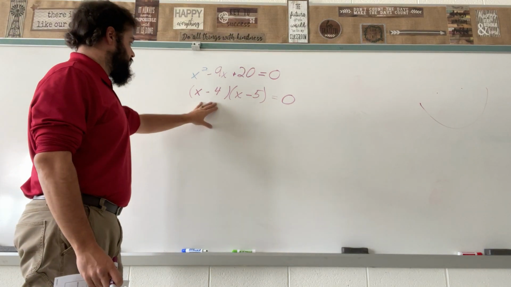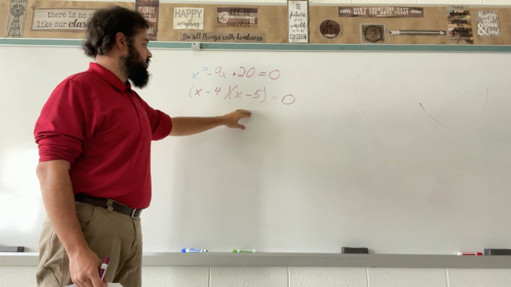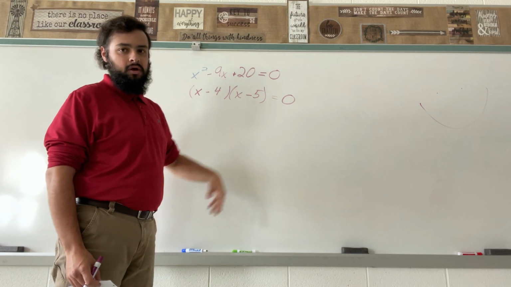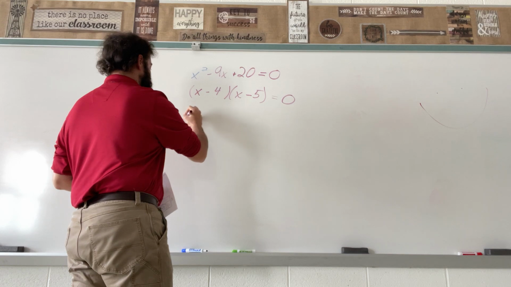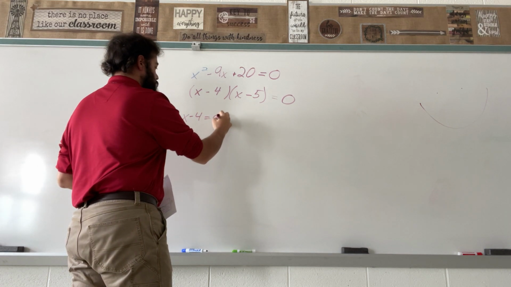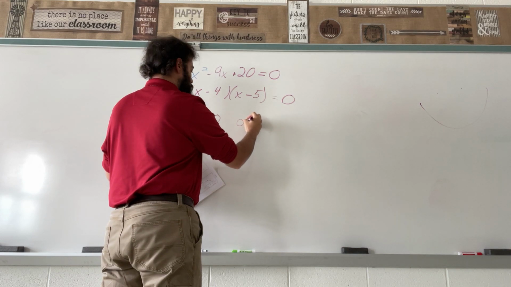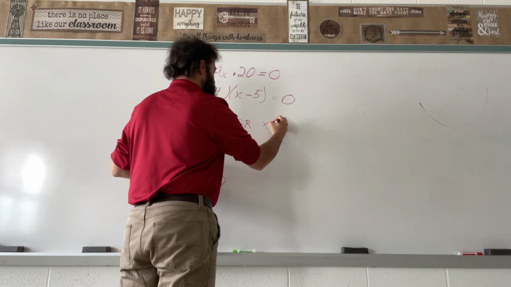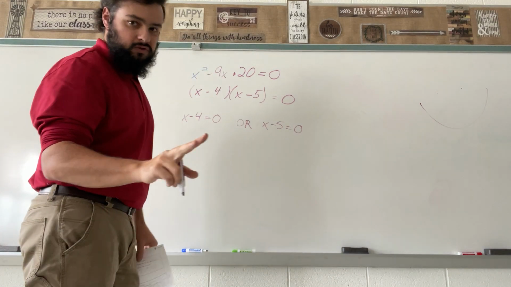Now, you can take this to mean one of two different things. It's a multiplication problem and it equals 0. So that would have to mean that either x minus 4 equals 0 in order for this to be true, or x minus 5 equals 0. So we're going to get two answers here.